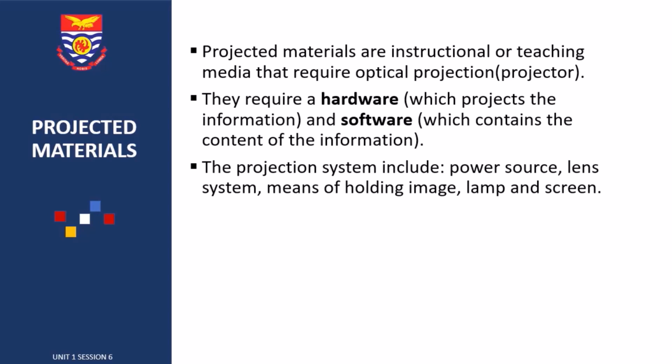Now, talking about the projection system of projected material, that is part of the hardware aspect of projected material. The projection system includes a power source, a lens system, a means of holding the image, a lamp, and a screen.